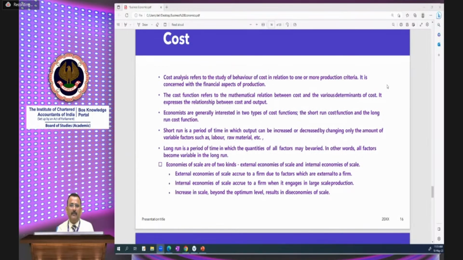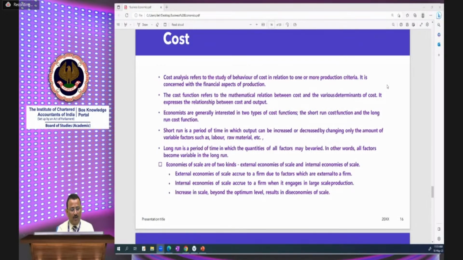And while plotting the cost curve, what is the shape of the cost curve? That is also important: downward sloping, upward sloping, or parallel. That has already been given in your study material. Try to remember that and practice it. What are the two components plotted on the axes in the cost curve?